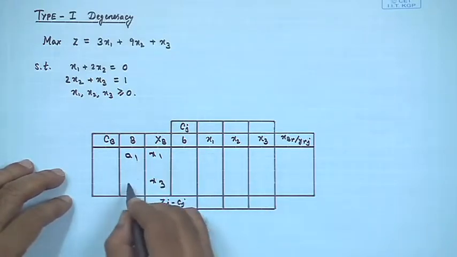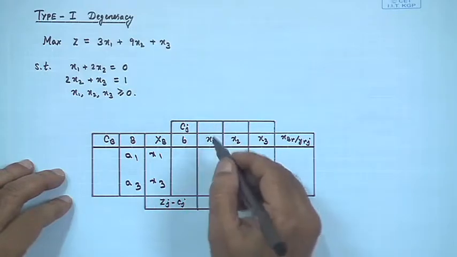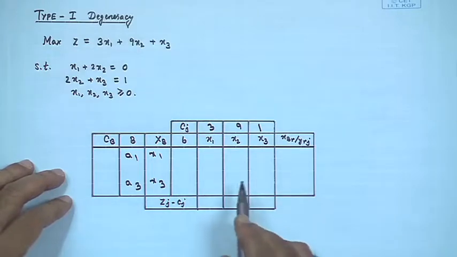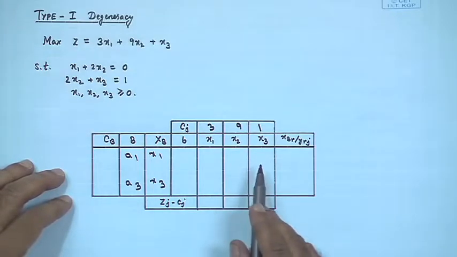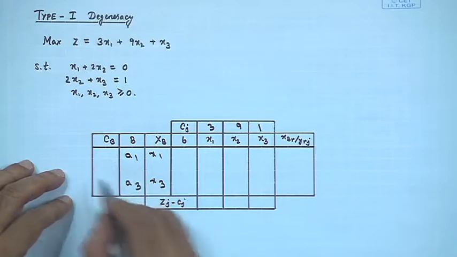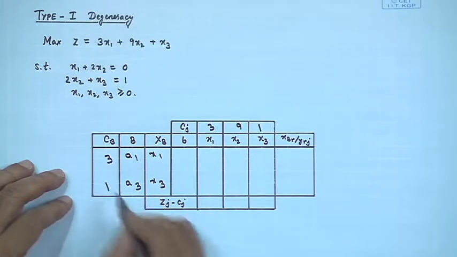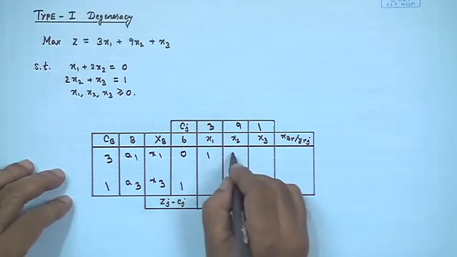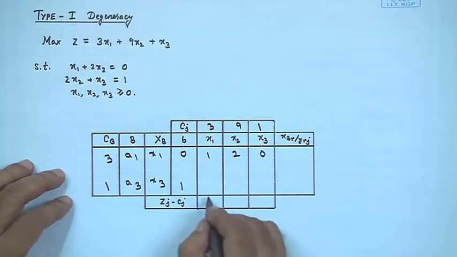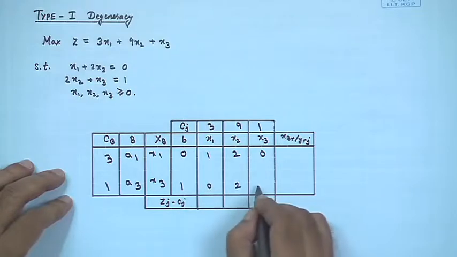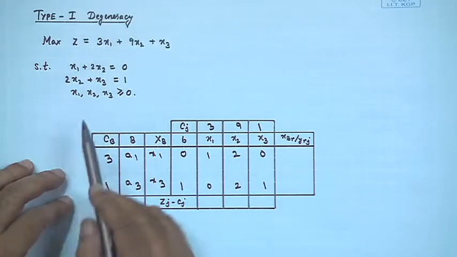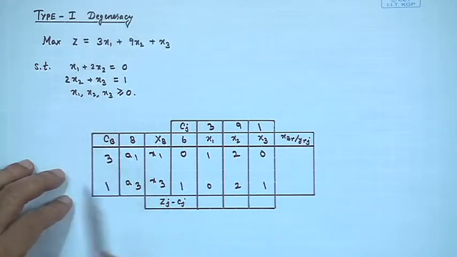So the basis is a1 and a3, with coefficients 3, 9 and 1 for x1, x2 and x3. Here it will be 3 and 1, and the b value is 0 and 1.